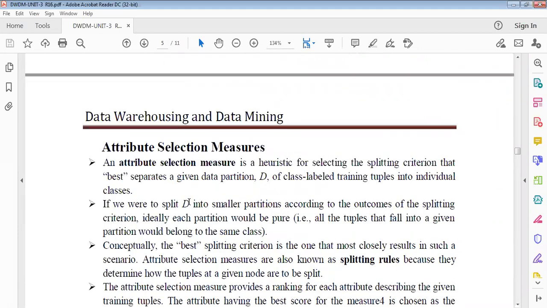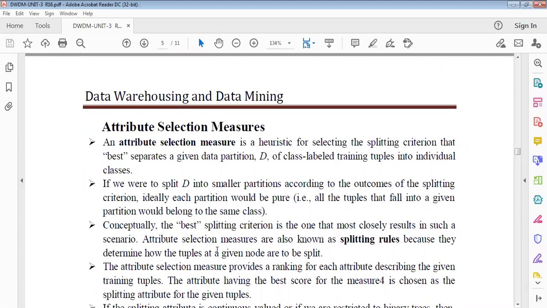An attribute selection method is a heuristic for selecting the splitting criteria that best separates a given data partition D of class-labeled training tuples into individual classes. For example, the data partition D is split into smaller partitions according to the outcomes of the splitting criteria. The best splitting criteria is the one that most closely results in such a scenario.